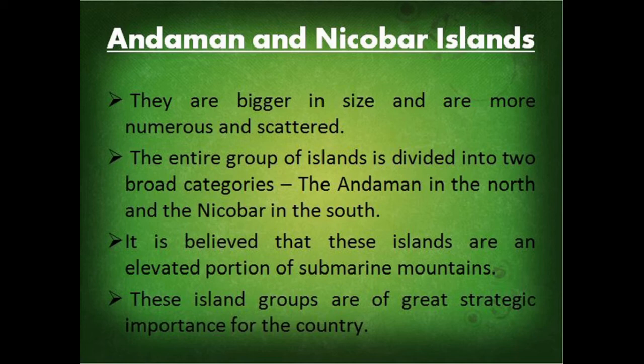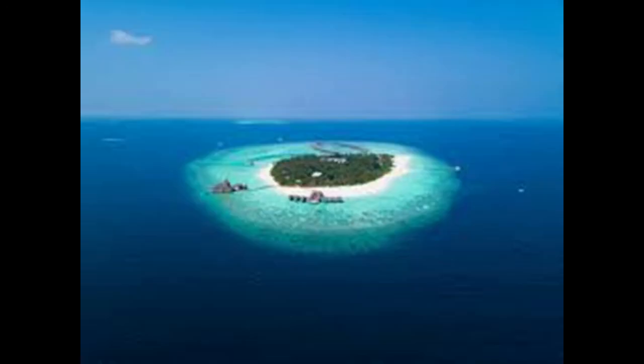Next, the Lakshadweep Islands are located in the Arabian Sea, and the capital of this group of islands is Kavaratti. These islands are also called coral islands. Yes, you can see the images of islands.